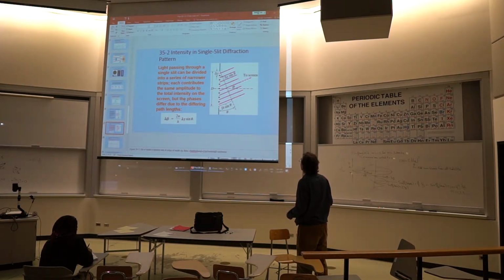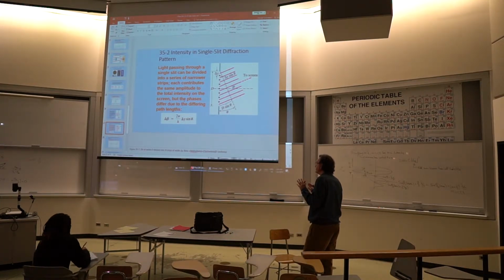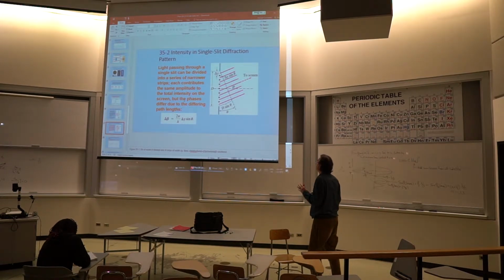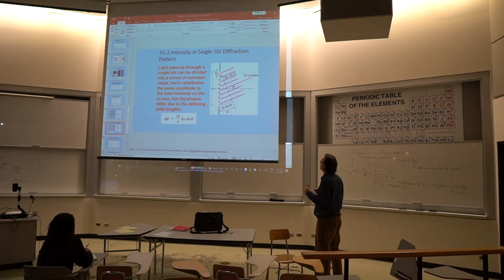So this distance is D. This angle theta to the distant screen is the same as this angle theta, which is drawn perpendicular to the rays. And so D sine theta is the path difference that the ray at the bottom of the slit takes with respect to a ray at the other end of the slit.